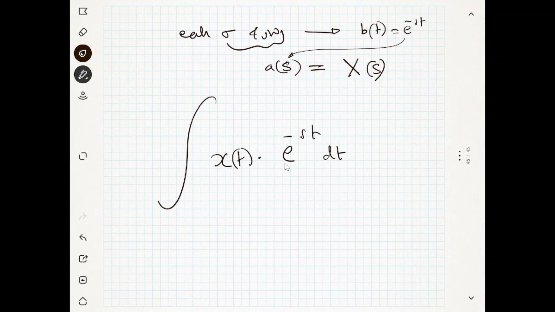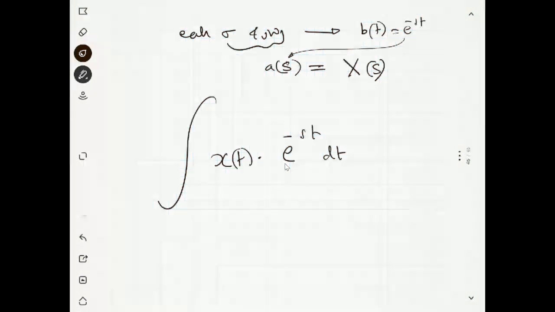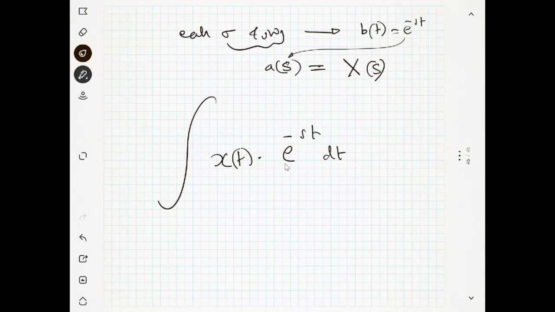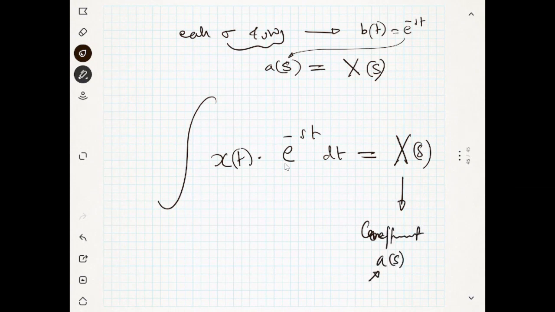You know how to average something: if there are students in a class, you add them and divide by the number. Here division is not explicitly shown. If you add everything, you get some number, which is nothing but your coefficient, X of s. As I showed in the previous example, it is nothing but your coefficient.